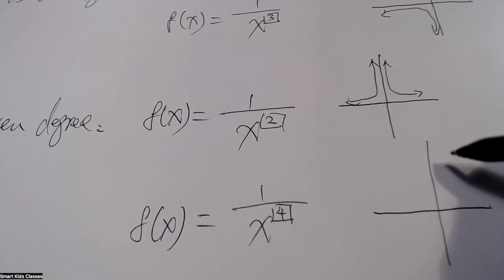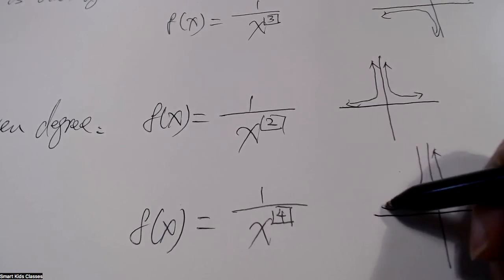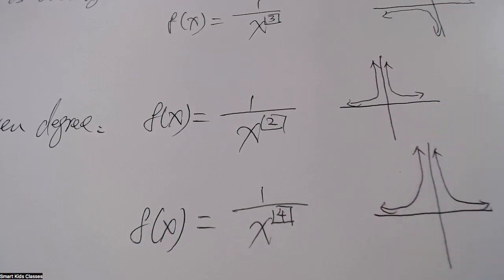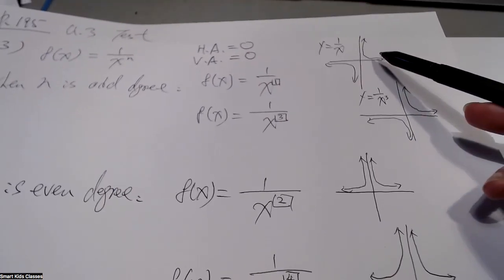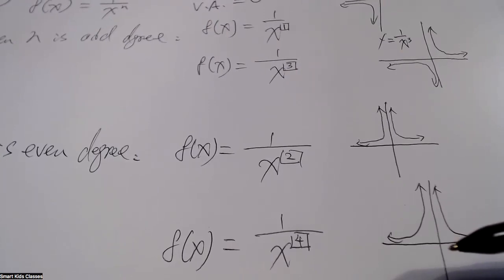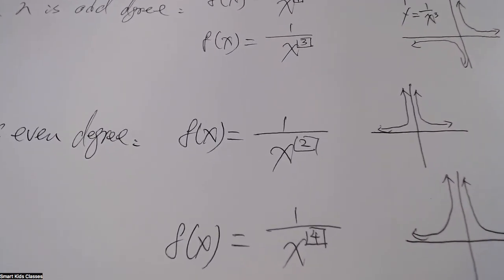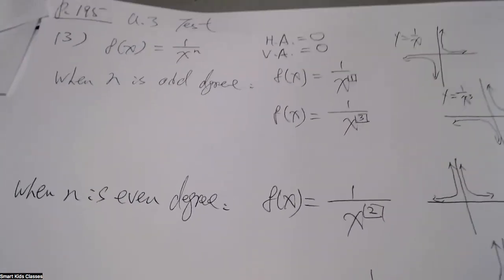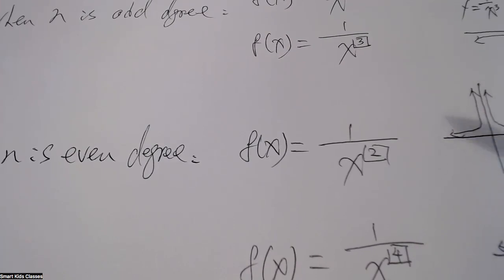It will be like that. That's the plot. So you identify odd degree always involved in quadrants 1 and 3. An even degree, positive function, quadrants 1 and 2. And that's how you define it. And horizontal asymptote, vertical asymptote, always equal 0.